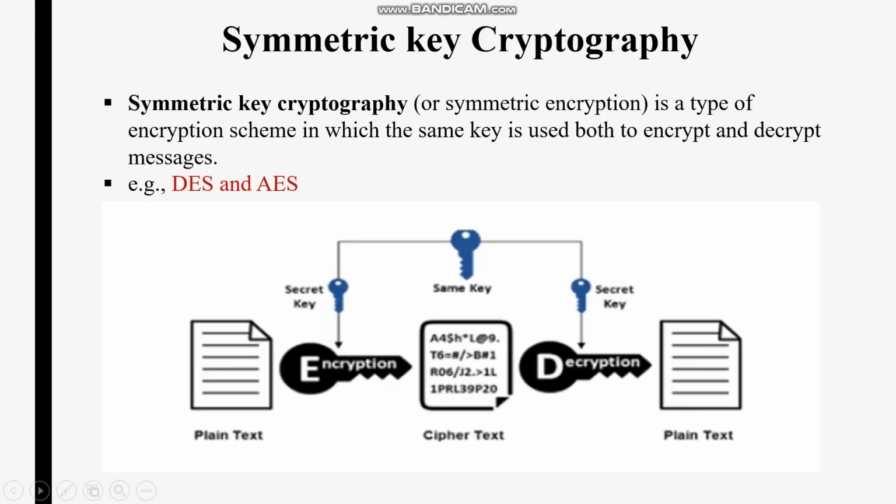Assuming that, the sender will take the plain text and perform encryption using the secret key to get the ciphertext. Now the ciphertext is transferred over an insecure channel. Once the receiver receives the ciphertext, he will decrypt it using the same secret key, which is initially known to both sender and receiver, and obtain the original plain text.